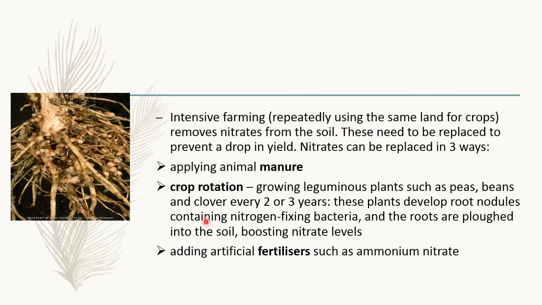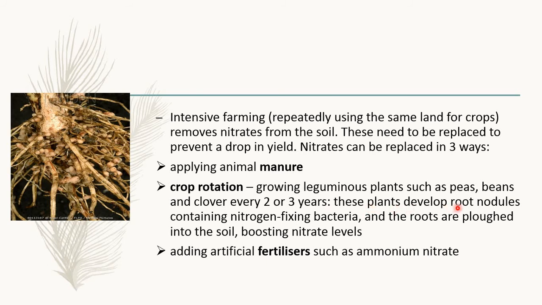Or you can do crop rotation. What is meant by crop rotation? You grow leguminous plants. This is a leguminous plant, and these are the roots. You can see small circles here. Leguminous plants such as peas, beans, and clover are grown every 2 or 3 years.